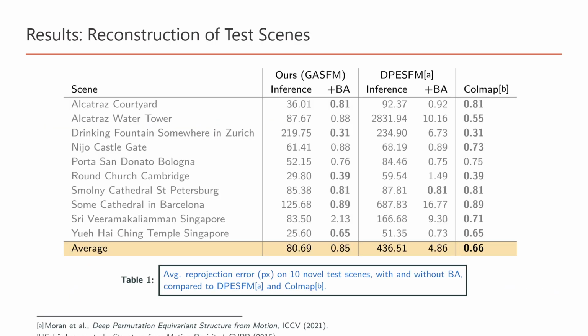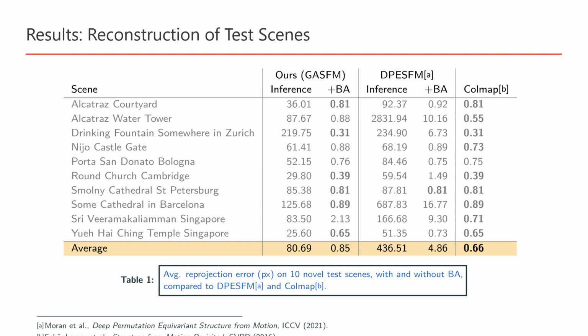And the results here, so our results are in the two columns on the left. So you have first, before refinement, a crude result in the leftmost column called inference. And then it says plus BA for bundle adjustment in the second column. And that's the result that you get if you do the refinement as well.